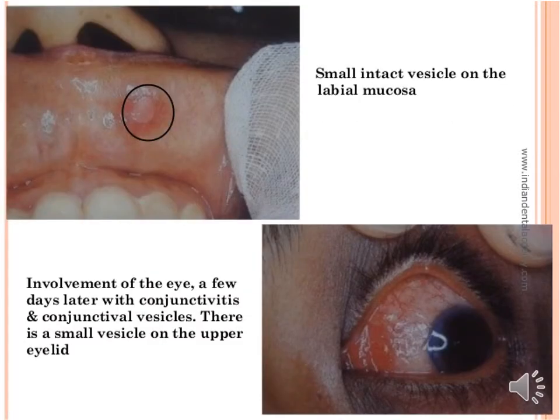This figure shows a small intact vesicle on the labial mucosa of the upper lip, and another area affected is the eye. Involvement of the eye a few days later with conjunctivitis and conjunctival vesicles. There is a small vesicle on the upper eyelid. This occurs in the upper or lower eyelid.